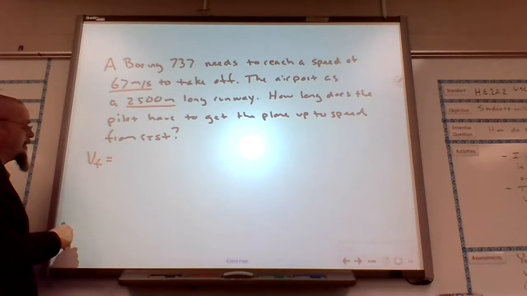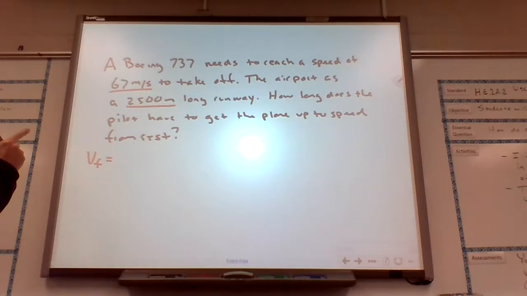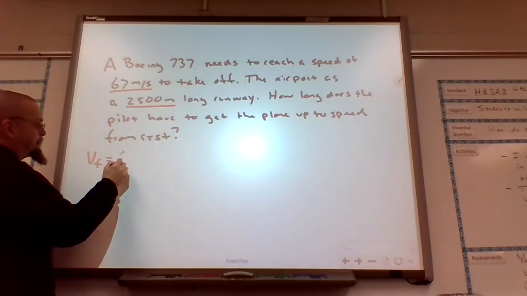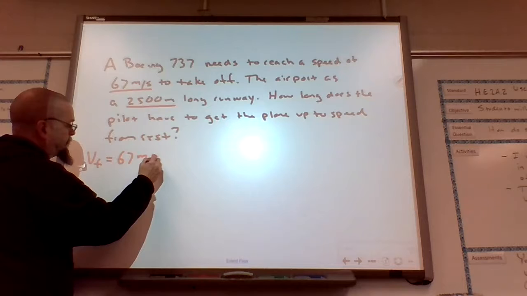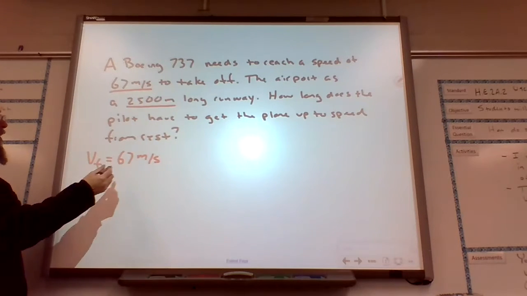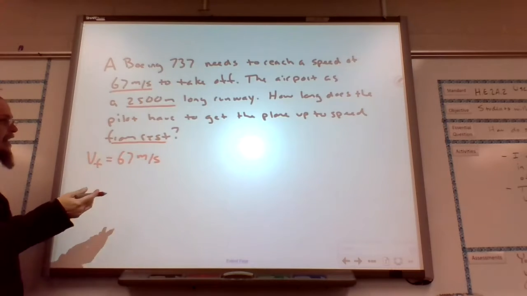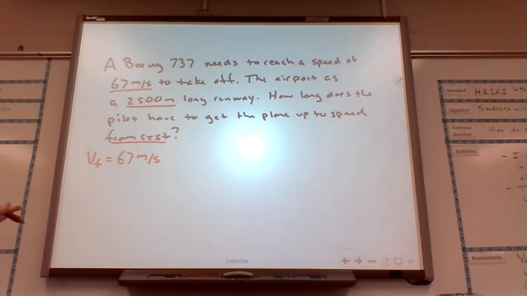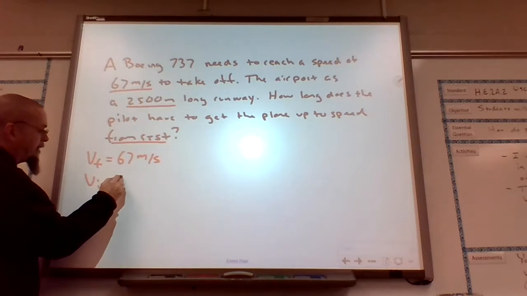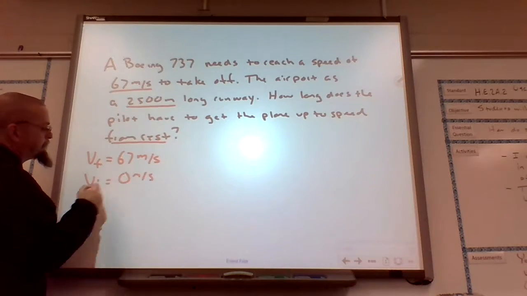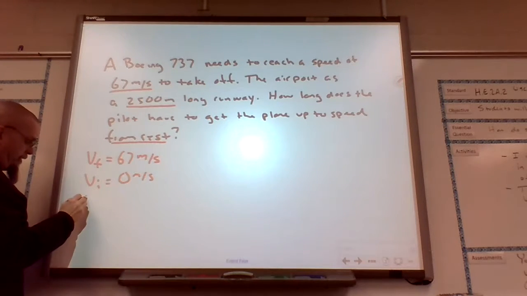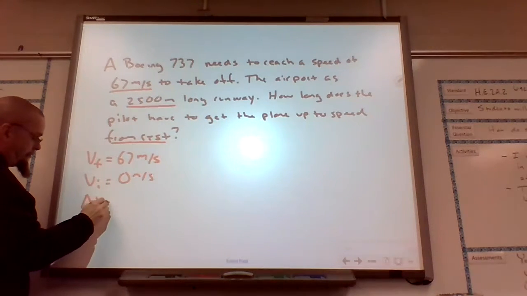This would be our final velocity because we have to reach this speed. Our initial velocity is not a number, so it's not expressed that way in the question, but we are accelerating from rest, so our VI is 0. Meters is a distance, so that is our delta x.